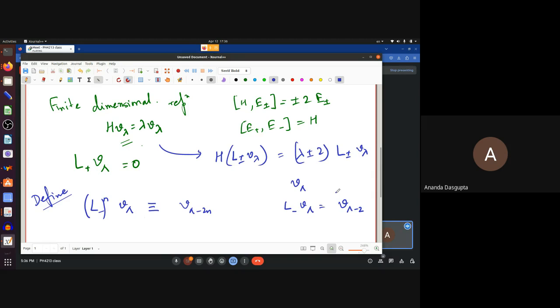So it is a multiple of V lambda minus 2 definitely. But I choose that particular vector to be V lambda minus 2. I can always do that, can't I? The eigenvector corresponding to eigenvalue lambda minus 2 is definitely proportional to this, times some constant. I just choose that constant to be 1 and say, okay, this is my V lambda minus 2. Any other eigenvector with the eigenvalue lambda minus 2 will be some multiple of this. Is this a legitimate thing to do?